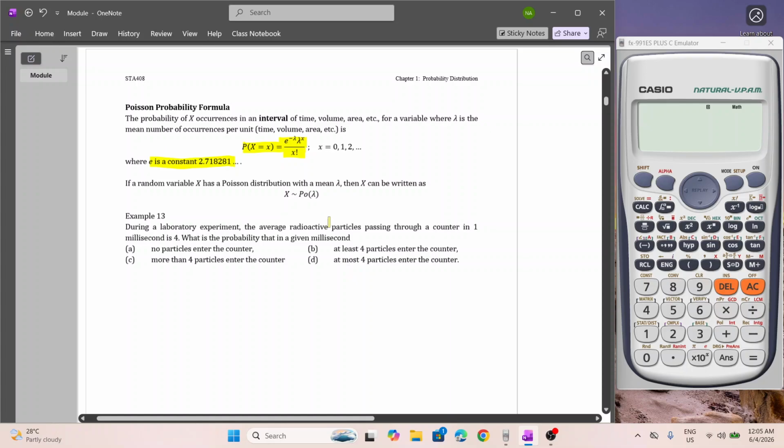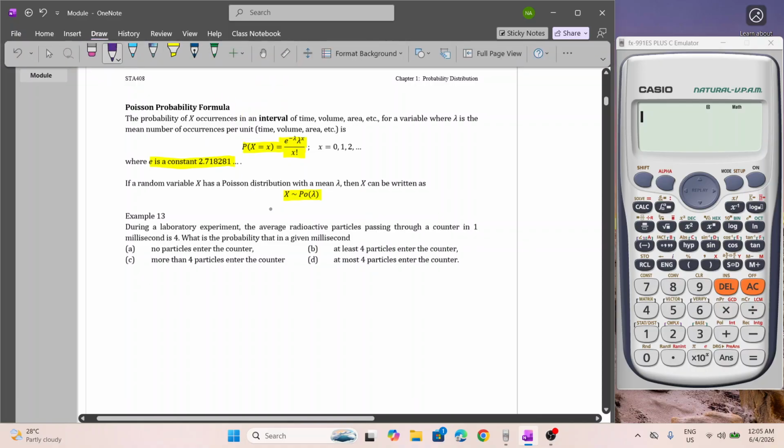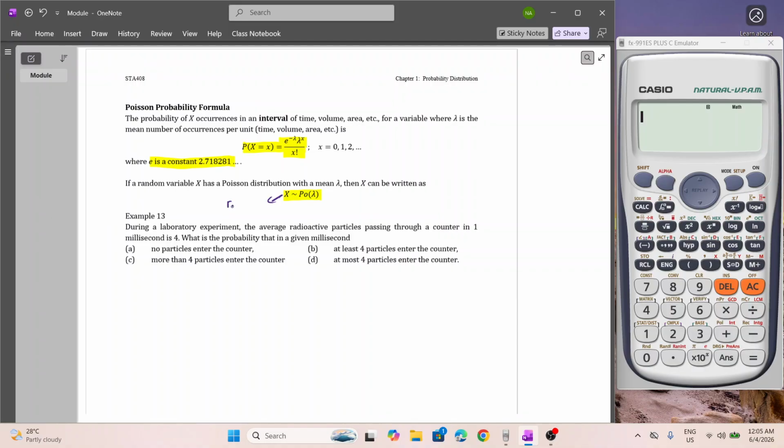All right, and it can also be written that the random variable x follows a Poisson distribution with mean equal to lambda. So in Poisson distribution, the lambda here is also known as the mean value for the Poisson distribution.